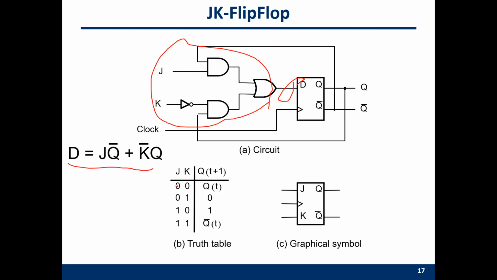So if J and K are both zeros, then you have a hold. If both of them are ones, then you have a toggle. If it's 0, 1, then you have a reset operation. If it's 1, 0, then you have a set operation.